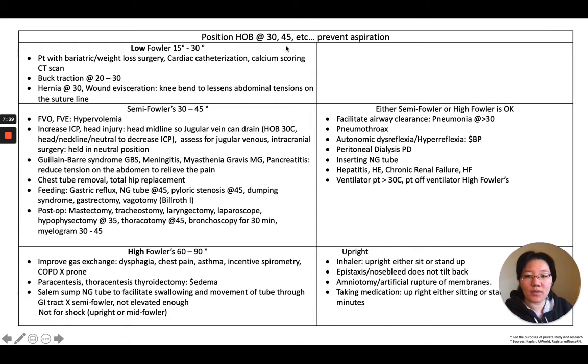Okay, next one, positioning is the Fowlers. So low, semi, high, supine.